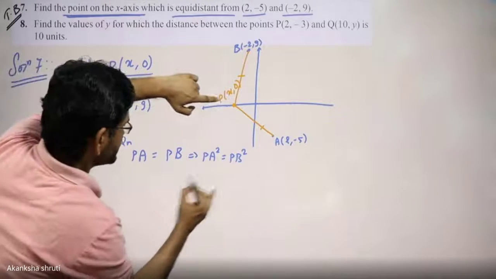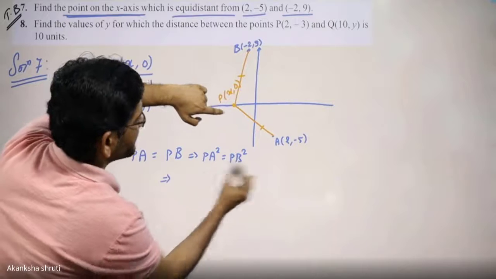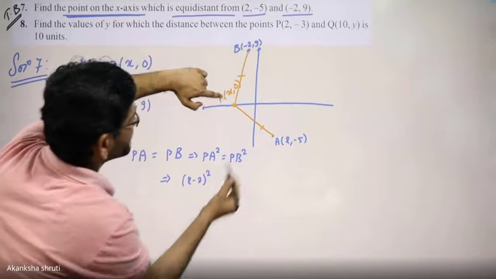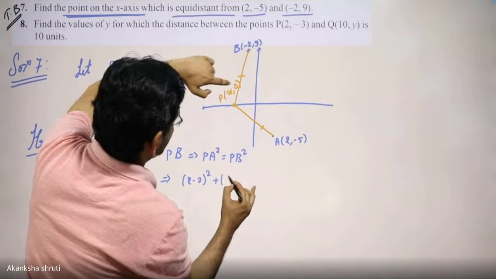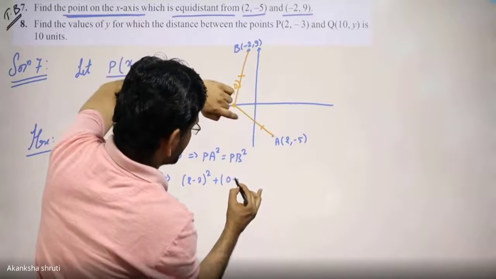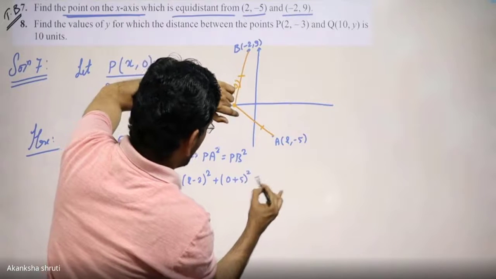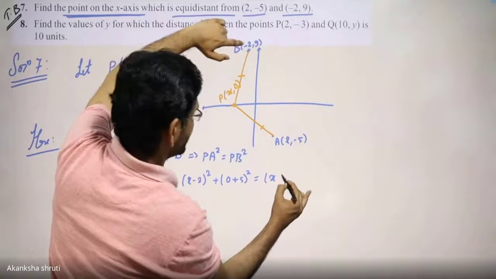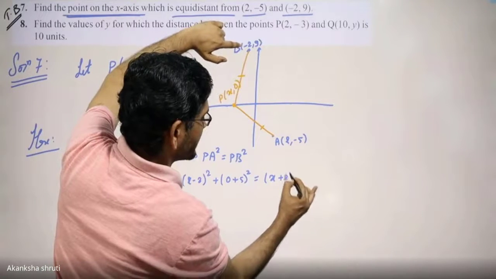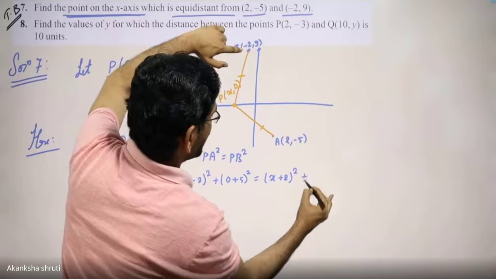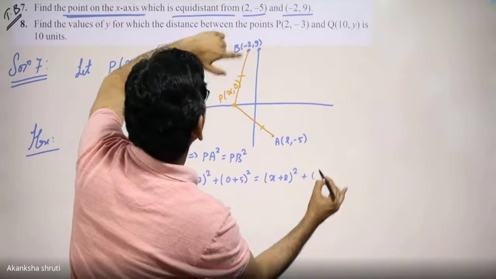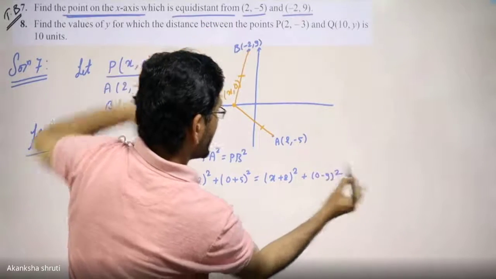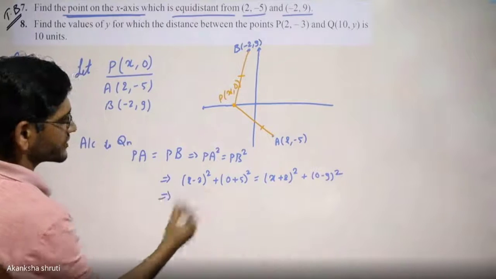So PA becomes (x minus 2a) squared plus (0 minus of -5) becomes (+5a) squared. PB: consider this one. (x minus of -2) becomes (x plus 2a) squared plus (y0 minus of 9) squared.